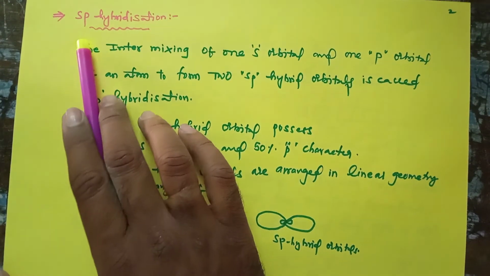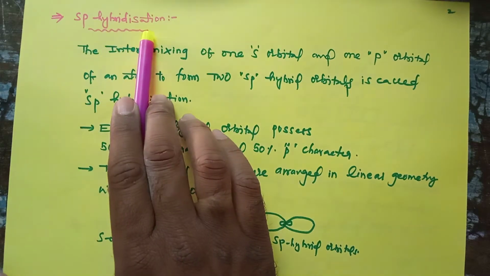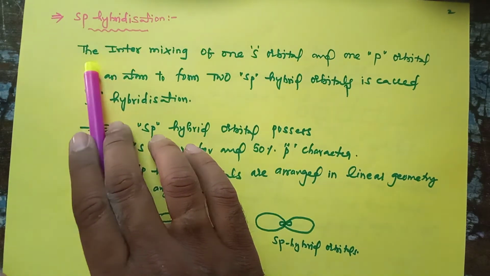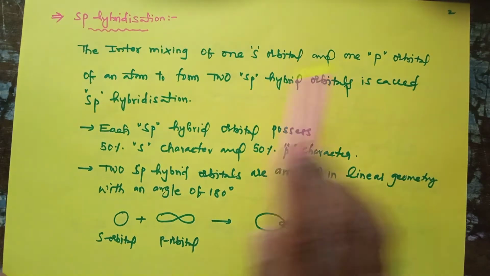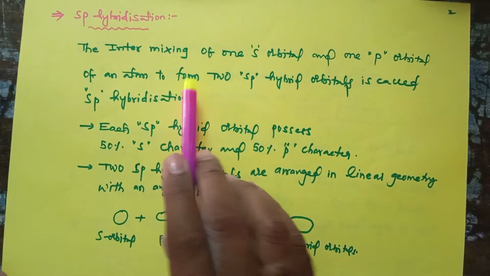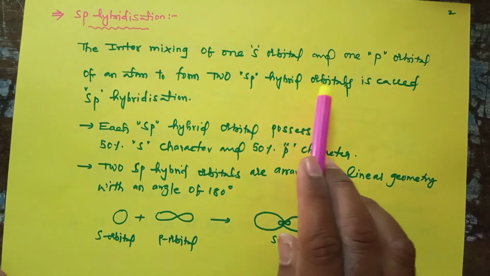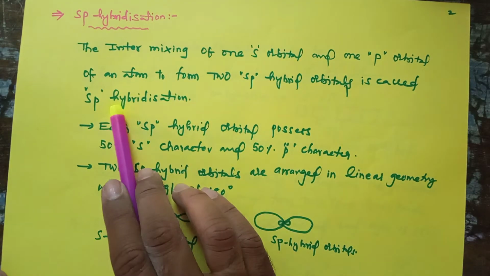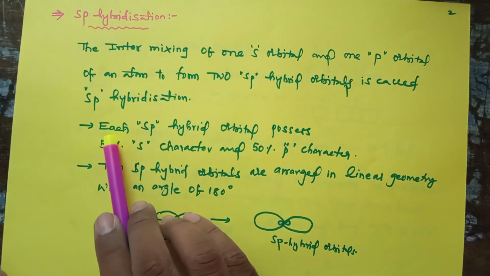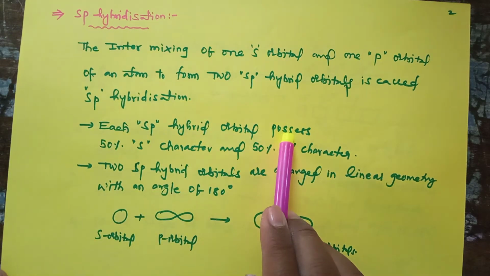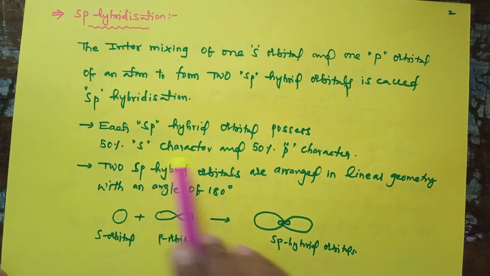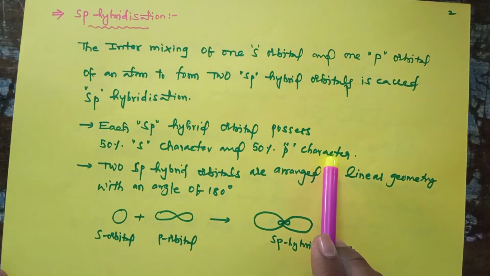The first one is sp hybridization. sp hybridization means the intermixing of one s orbital and one p orbital of an atom to form two sp hybrid orbitals. Each sp hybrid orbital possesses 50% s character and 50% p character.